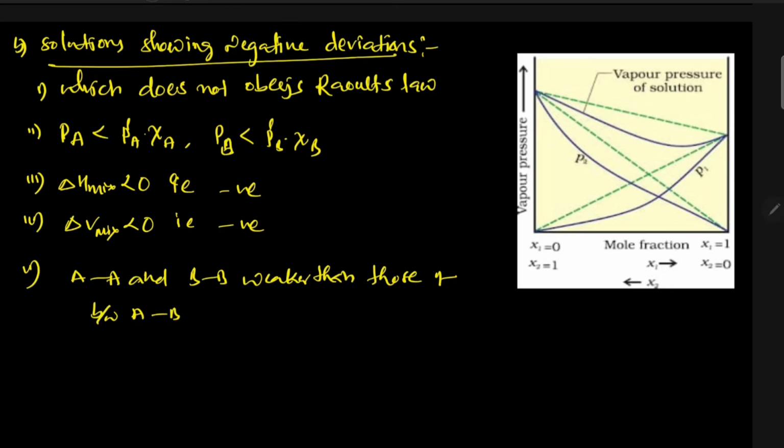Hence the molecules of A or B will not escape so easily from the solution. Therefore, the vapor pressure of the solution will be lower.